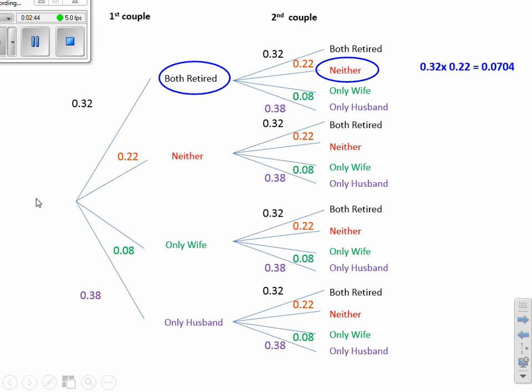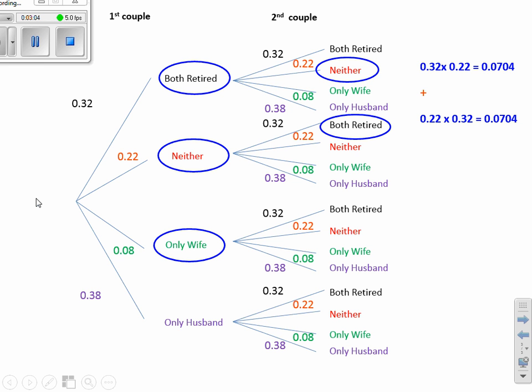The other way to satisfy the condition is that if neither of the first couple are retired, then it is necessary that both of the second couple, both husband and wife, are retired. If only the wife in the first couple is retired, then in order to satisfy the condition, we need only the husband of the second couple to be retired.